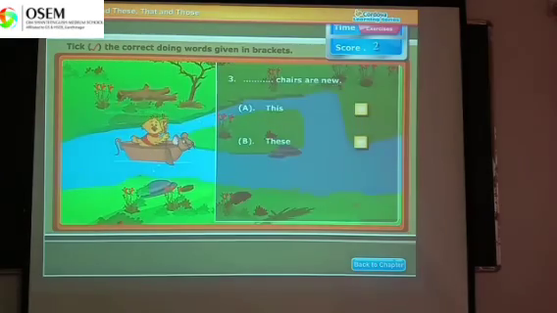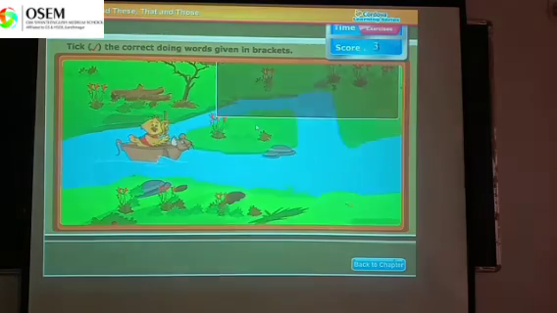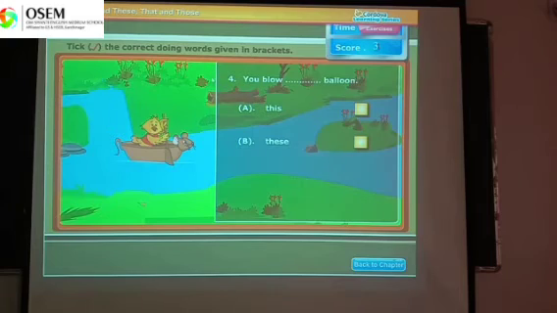Then third, dash chairs are new. So these chairs are new. Fourth, you blow dash balloon. So here we are talking about only one balloon. So we use this. You blow this balloon.